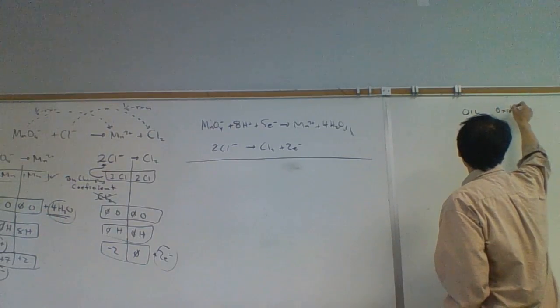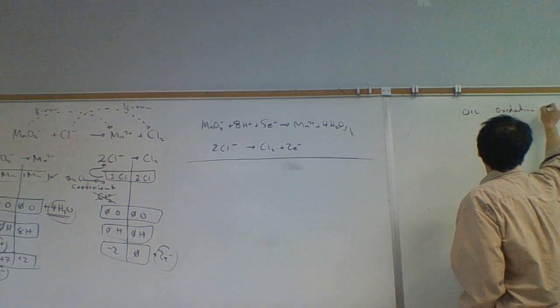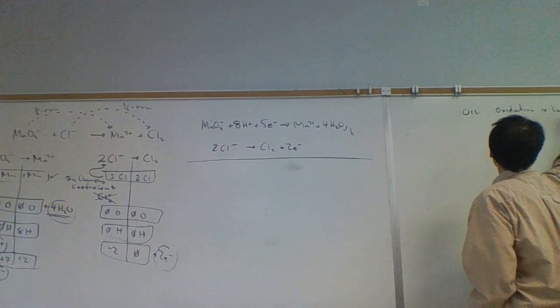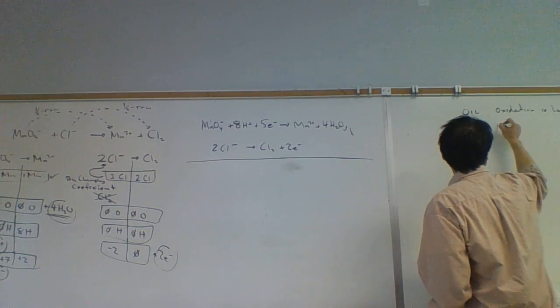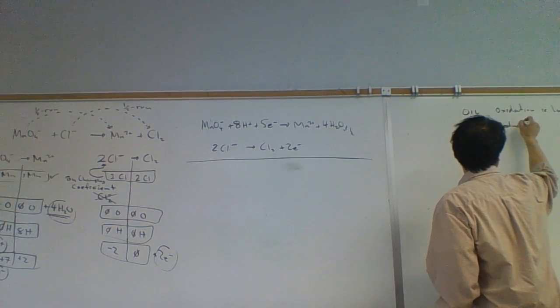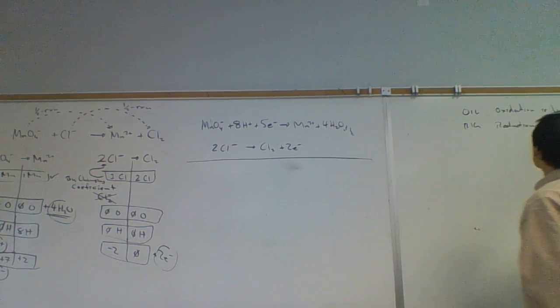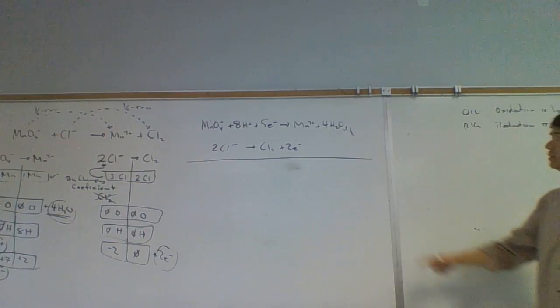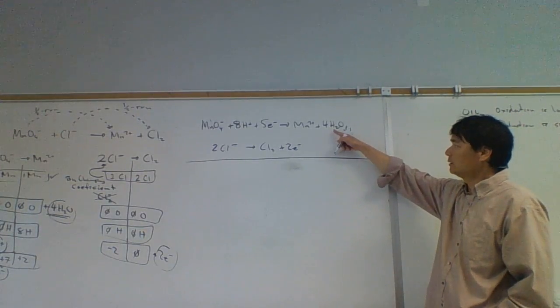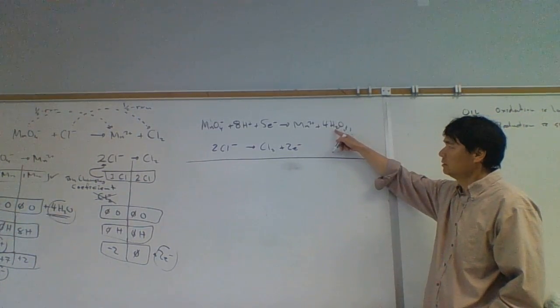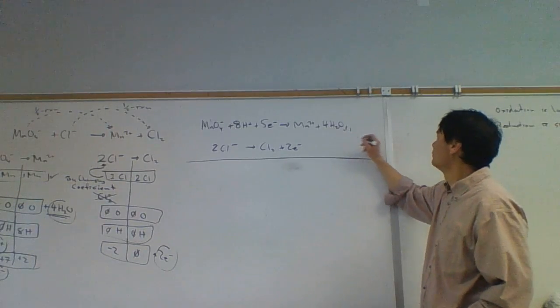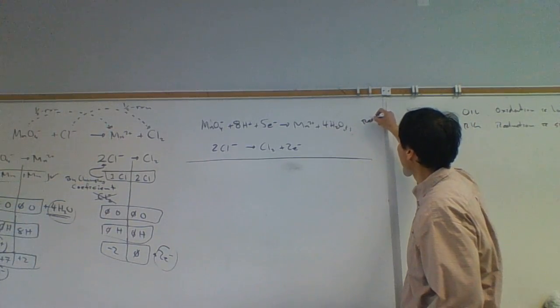OIL RIG stands for oxidation is loss, and reduction is gain. Well, we're talking about electrons. So is this first one losing or gaining electrons? This is gaining, so we call this the reduction half reaction.